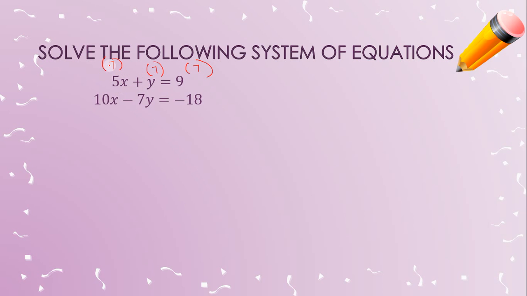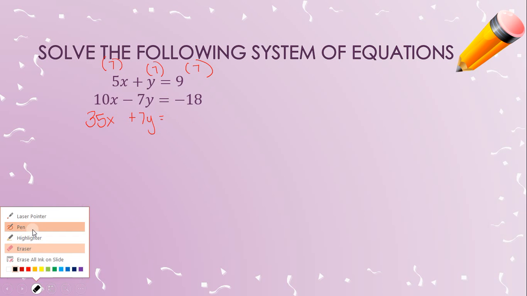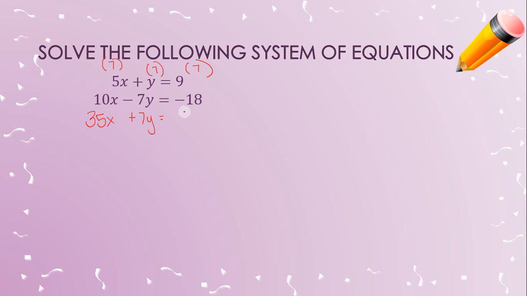And that's going to give me 7 times 5, 35x plus 7y equals 72. Or no, not 72. 9 times 7 is 63. There we go.